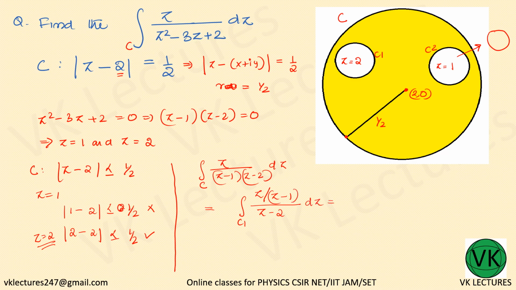This is equal to 2 pi i times the numerator, that is z divided by z minus 1 at z equal to 2. Substituting z equal to 2 gives 2 pi i into 2 divided by 2 minus 1, which is 1, so that's equal to 4 pi i. So this is the integral value.